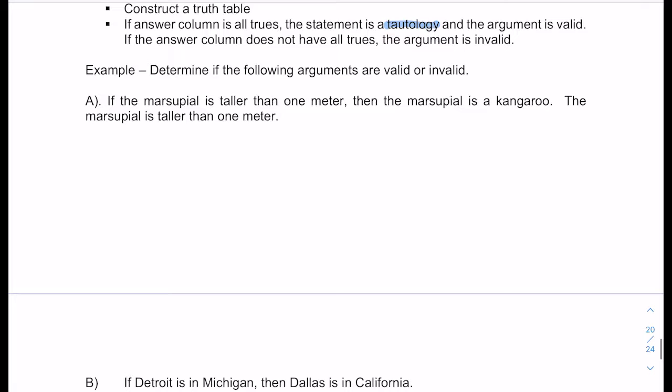My first statement says, if the marsupial is taller than 1 meter, then the marsupial is a kangaroo. The marsupial is taller than 1 meter. So first of all, what can you conclude from that argument? From premise one and premise two, you would conclude that the marsupial is a kangaroo.